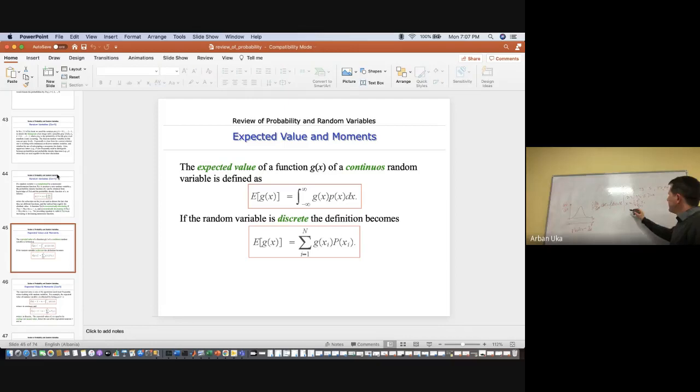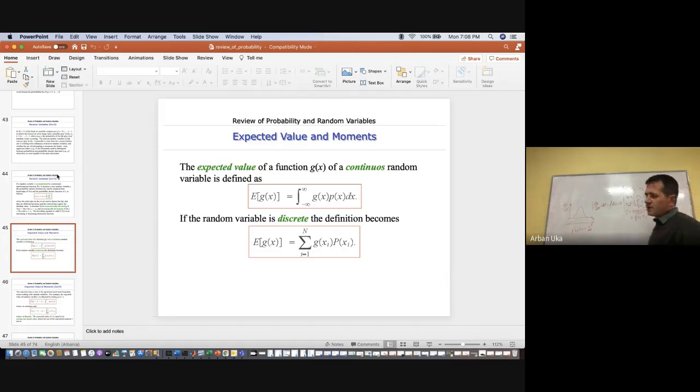Then the second most important aspect is we want to determine sigma, the standard deviation, which is the square root of the variance. The square root of the variance can be written as the sum of xi minus x average, where this is x average, squared, and we take the square root of this.